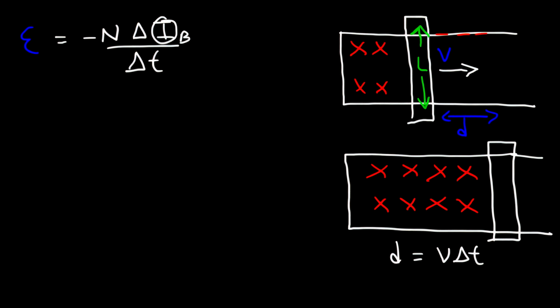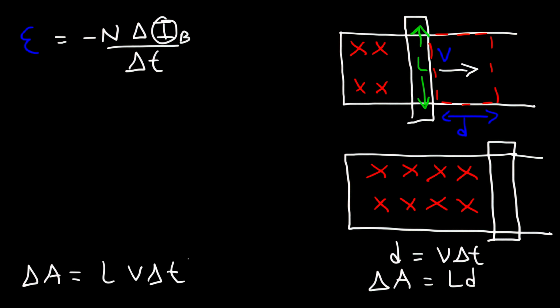This region here represents the increase in area. And the area of that region is basically the length times the width, which is d. So the change in area is L times d, and d is basically the velocity times the change in time.